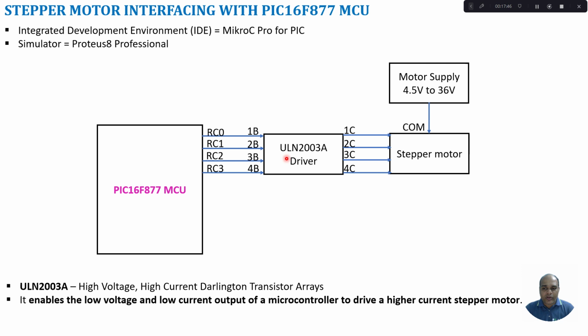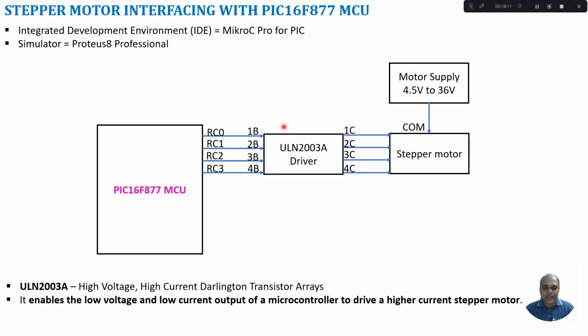Because the stepper motors might require higher voltage or higher currents. So those voltage and current cannot be supplied by your microcontroller. So in that case, I have to connect an external supply which needs to be diverted to your stepper motor. So it enables the low voltage, low current output of a microcontroller to drive a high current stepper motor.